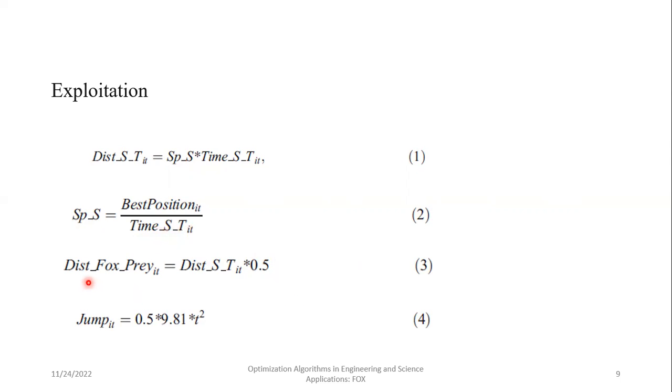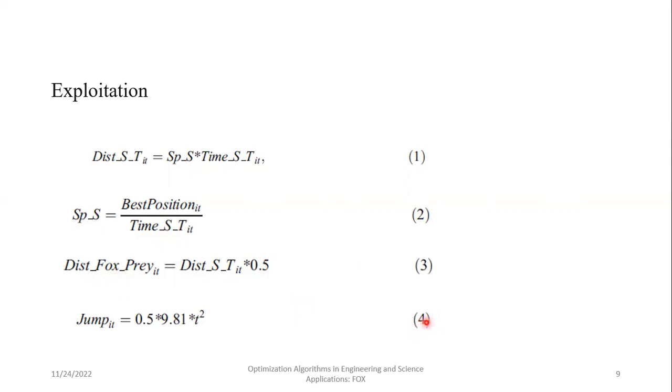And then equation 3, distance between the fox and prey, which is equal to distance sound travels multiplied by 0.5, because there are two ways, so we reduce it to half, mathematically convenient.